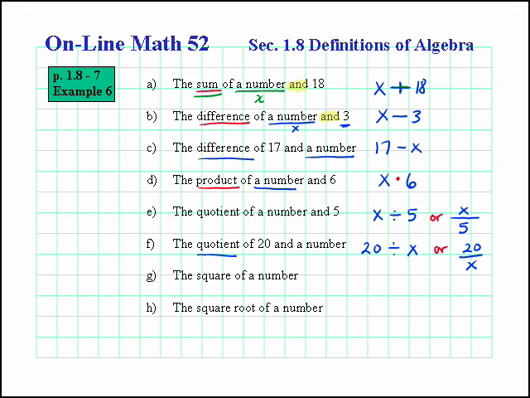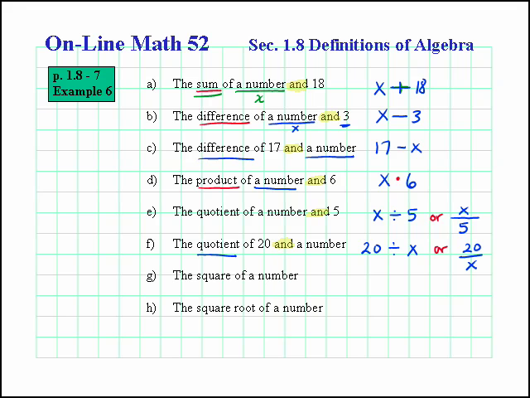The square of a number. Now you notice that there's no word and here. In all these others, with difference we had and, with product, and, quotient, we had one number and another. We don't have that with letter G or H, the square of a number.